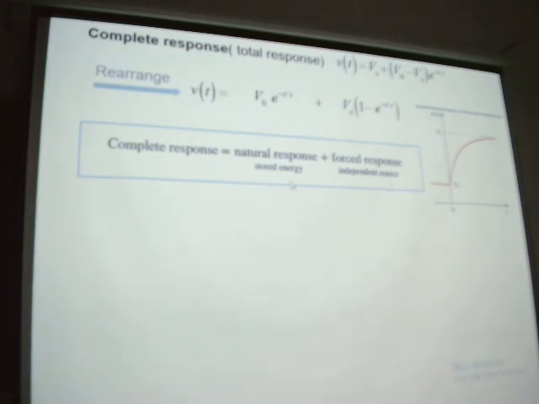Then we get two parts. The first one is produced by the storage element, like the capacitor and inductance, and the second one is produced by the independent source, right?